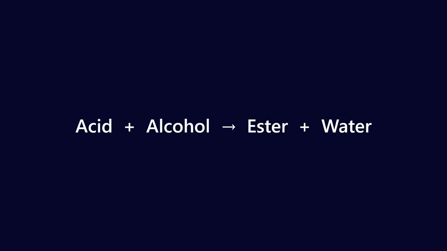So let's go back to what an ester is. You probably learned about this in high school chemistry. The way that you make an ester is you take an acid, you react it with an alcohol, and that will give you an ester and water. Now esters are widely used not just in the lubricants market, but everywhere.